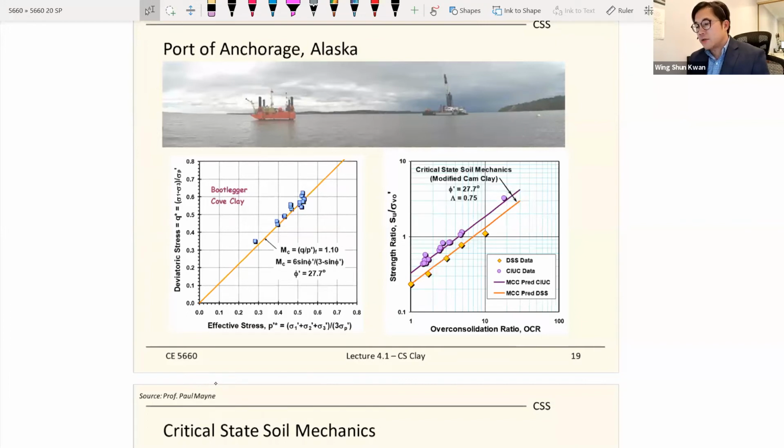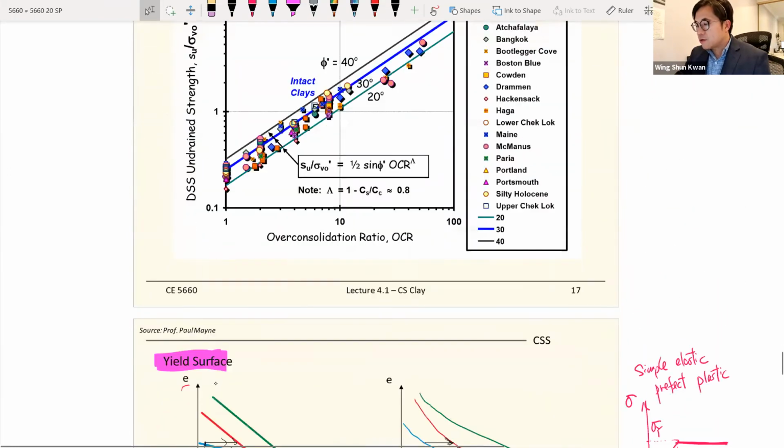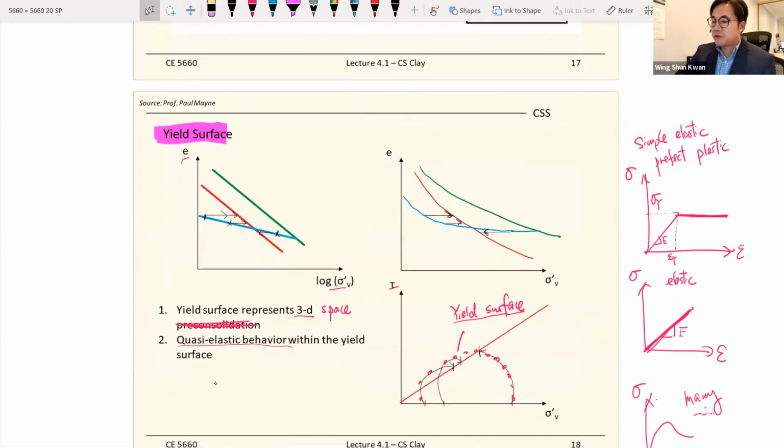But getting to some projects like mining, I know mining people use a lot of critical state framework to solve for the engine design, because critical state solid mechanics means you need to define the three lines right there, the green, red, and blue: the normally consolidated line, critical state, and the overly consolidated line.